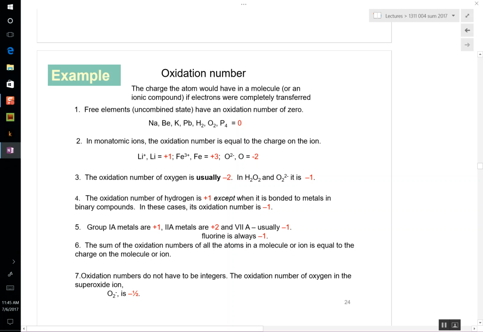we need to understand oxidation number. And how would we assign oxidation numbers to different things in a chemical equation? All right, and these are the rules for oxidation numbers.